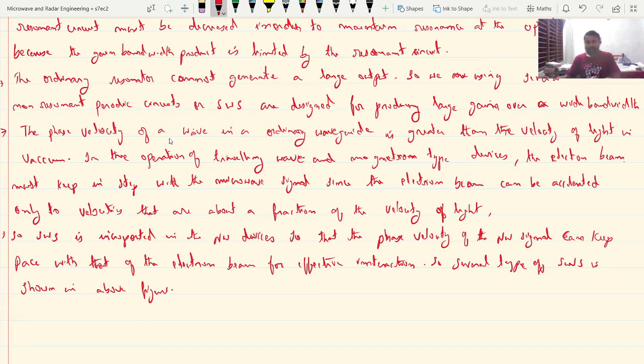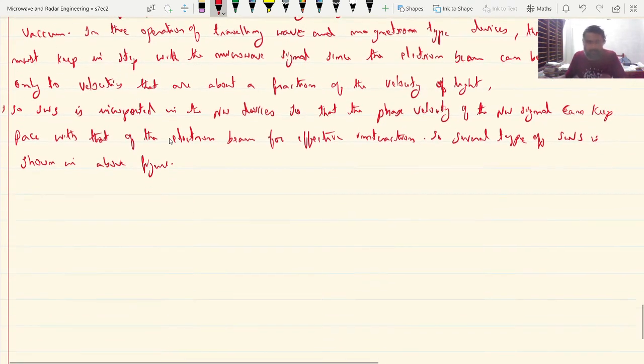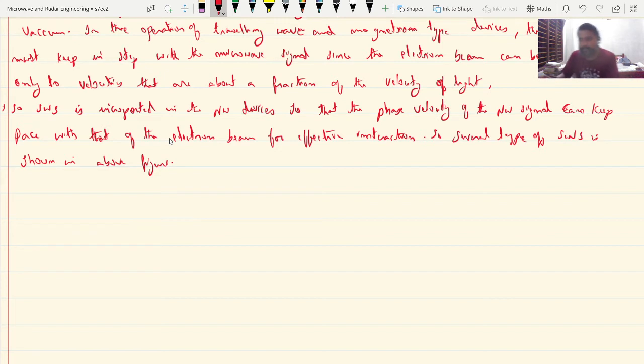Clear? So the commonly utilized slow wave structure is nothing but the helical coil with concentric conducting cylinders. We call these tubes. Okay.